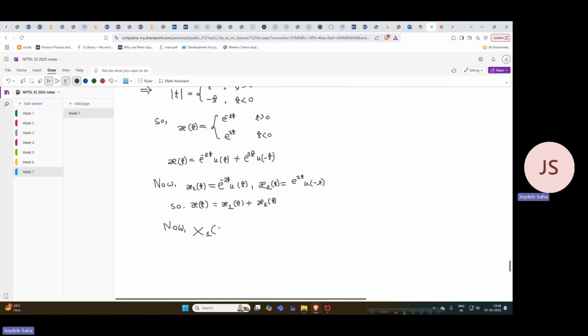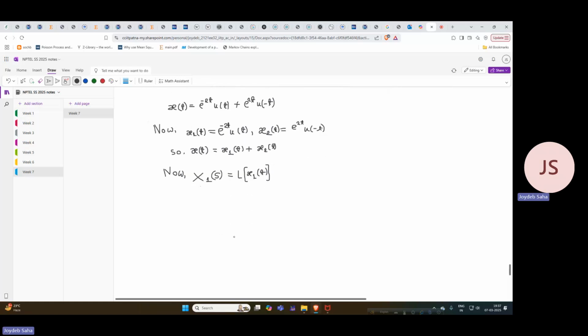X1(s) is equal to Laplace transform of x1(t), which is equal to Laplace transform of e to the power minus 2t u(t).